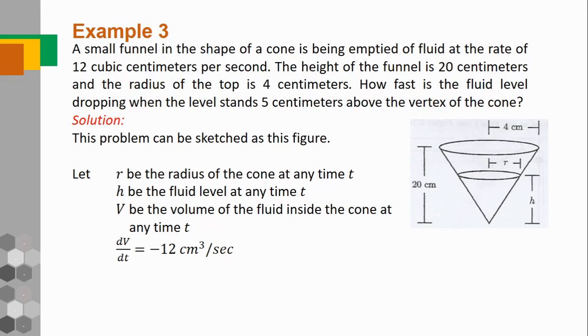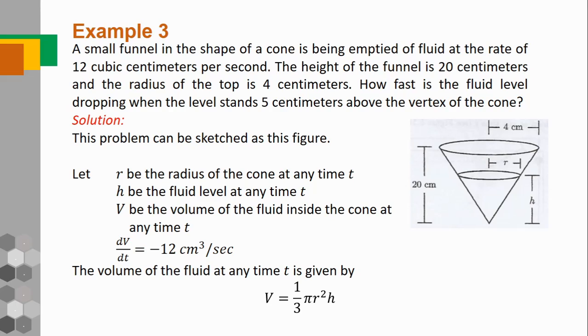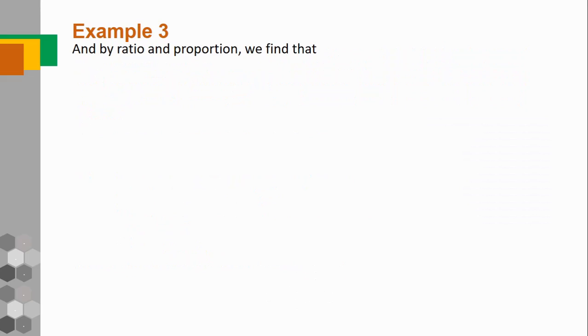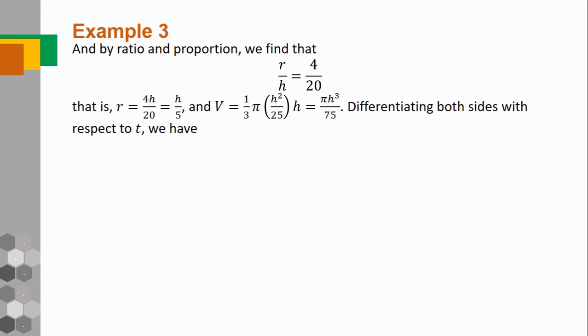dV over dt equals negative 12 cubic centimeters per second. The volume of the fluid at any time t is given by V equals 1 over 3 times pi r squared times h. And by ratio and proportion, we find that r over h equals 4 over 20.